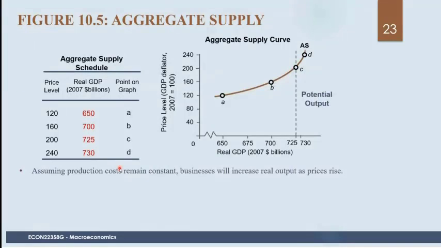When we draw it, again, it's very important to remember this: we're assuming the production costs remain constant. The idea for this comes from Keynes, who noticed, it's a long story, that things like wages weren't falling. If you're in a recession, what economists thought would happen before the Great Depression is that prices and wages would adjust.